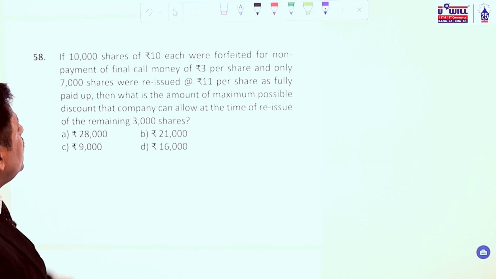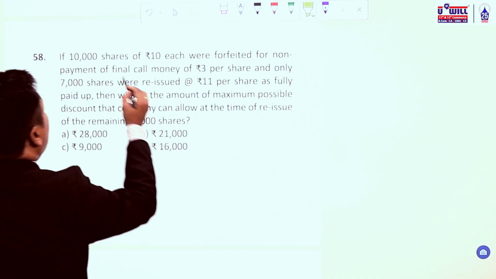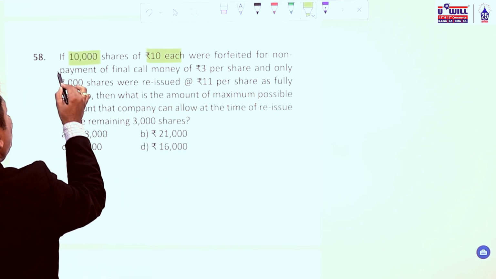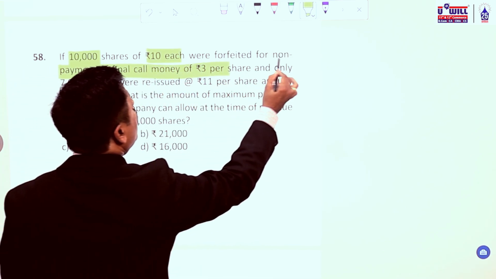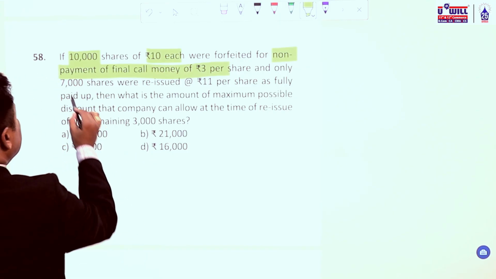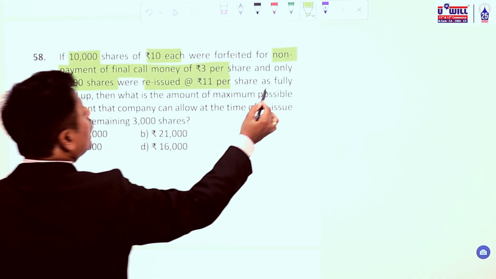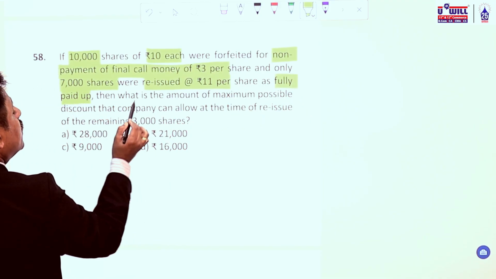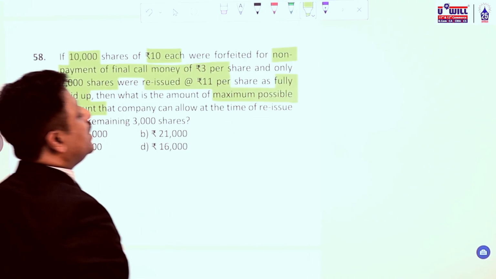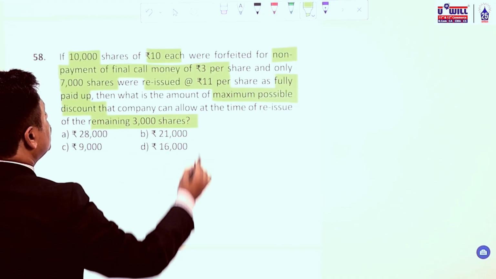Question number 58. If 10,000 shares of rupees 10 each were forfeited for non-payment of final call money of rupees 3 per share, and only 7,000 shares were reissued at rupees 11 per share as fully paid up, then what is the amount of maximum possible discount that the company can allow at the time of reissue of remaining 3,000 shares?